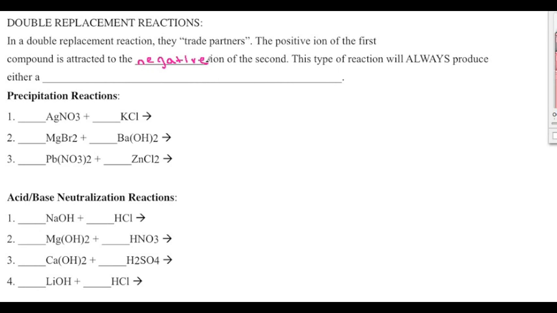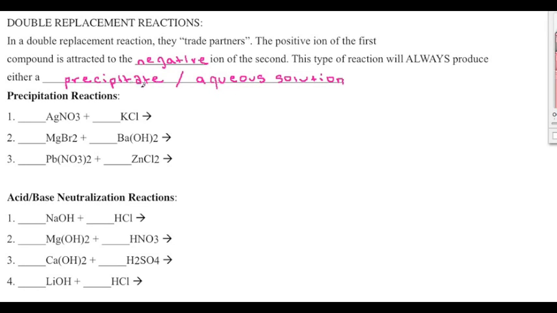All right, and what's going to be produced is either going to be a precipitate, or, as we'll see in lab, you're not going to have any precipitate form, and you're just going to have an aqueous solution.